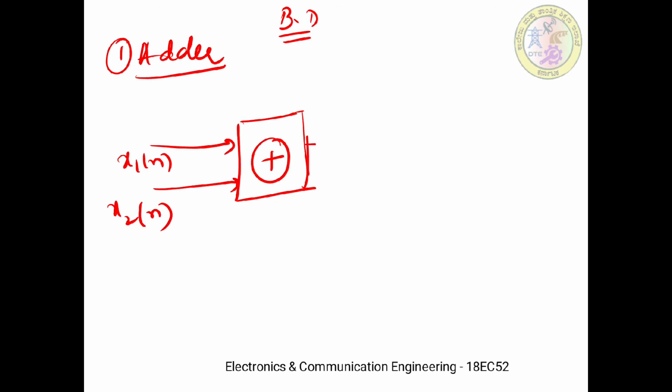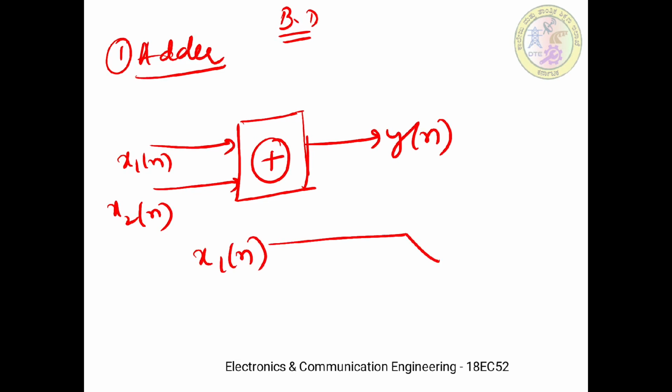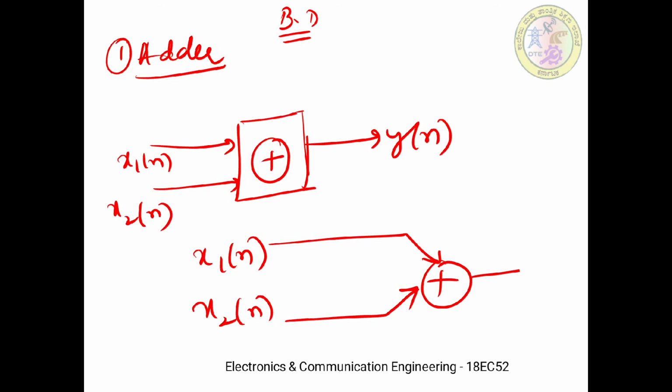They are added and the output is y of n. I can also represent it in this form, where x2 of n is applied to the adder, and the output of the adder is y of n.